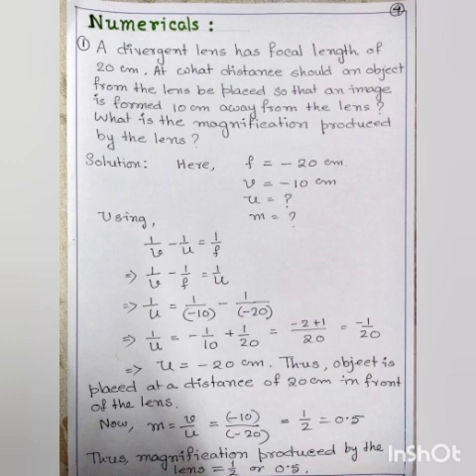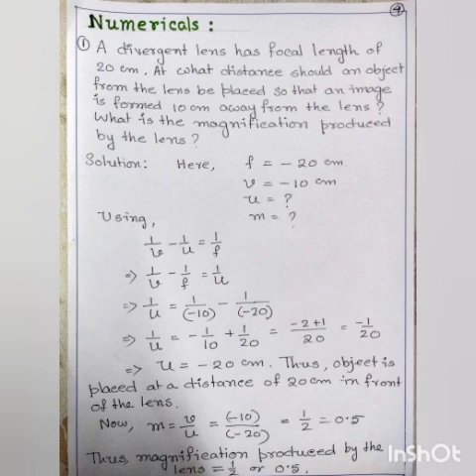Now, as our target is to derive the object distance u, so except u, transpose all the terms to one side and u in one side. So 1 by v minus 1 by f equals to 1 by u. Therefore, 1 by u equals to 1 by v minus 1 by f. Now we have to substitute the value of v and f, and be very careful with their sign.